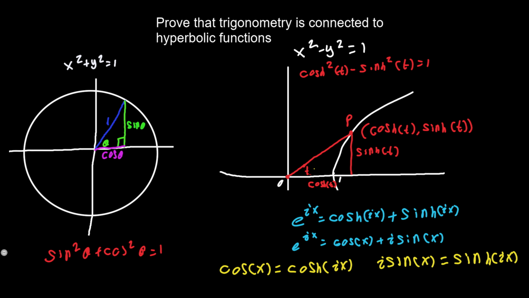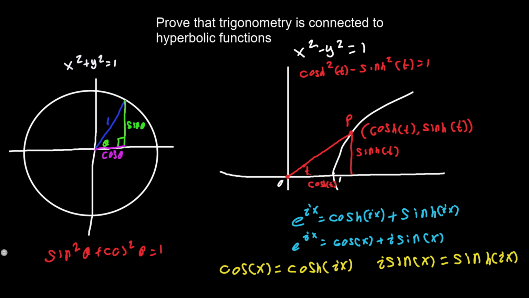They're very connected specifically through identities, like the ones we just found: cosine of x is equal to cosh of ix, i sine of x is equal to sinh of ix. And they're also connected through complex numbers.